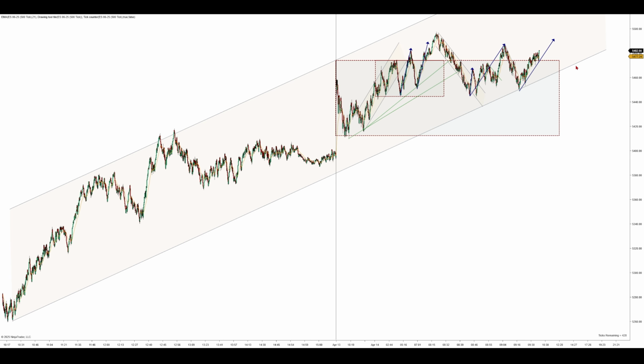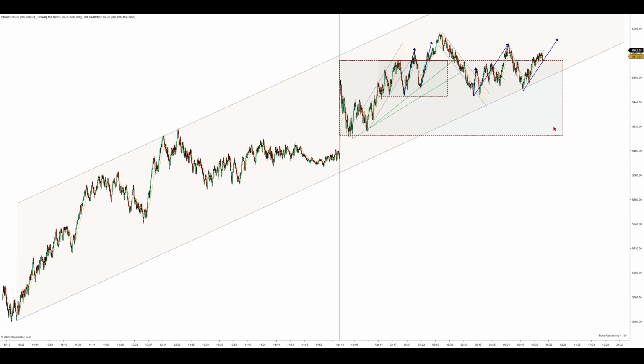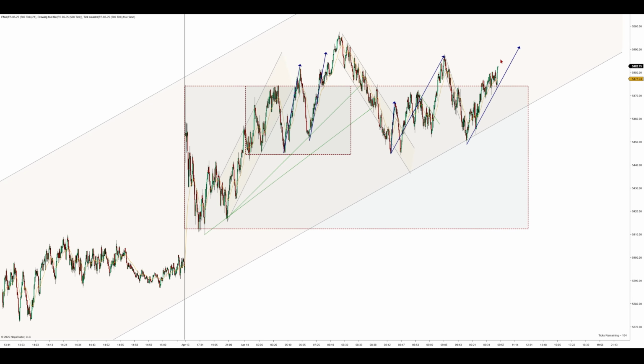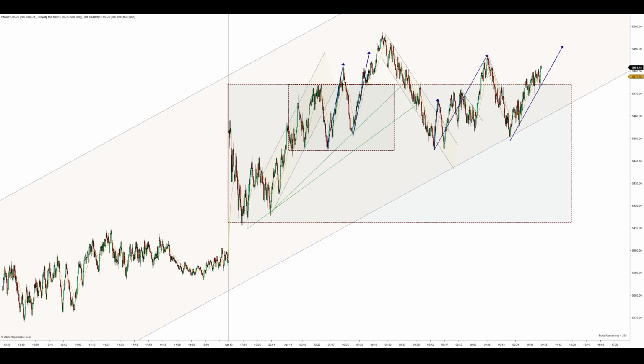Whenever price has these pierces through like this, that's just the channel expanding basically. So alrighty, just wanted to show this here. We're in this uptrend, could get a long so long as we stay above here, but be willing to switch gears at any moment.